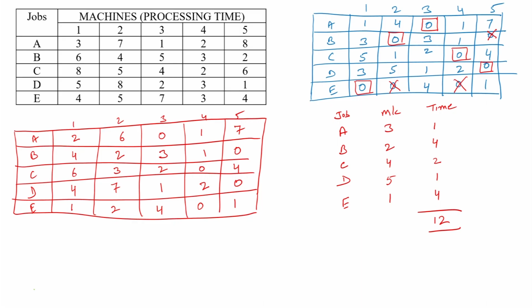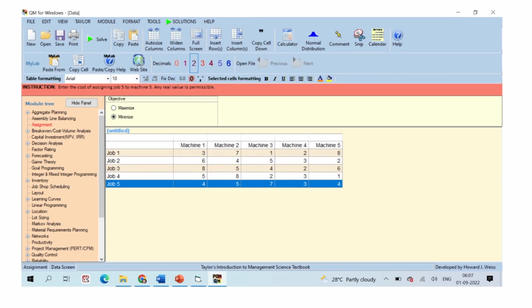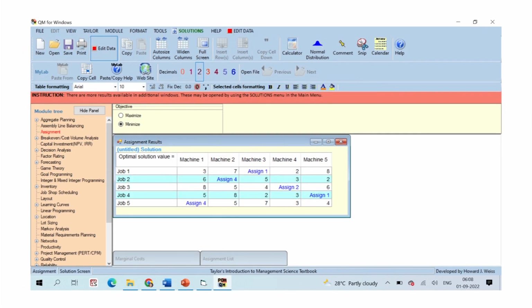So, friends, we can solve it with the help of software also. POM QM is one software which is available; you can download it and feed in this data. It is very easy to use and you can solve it there also. I have done this with the help of Solver, this QM for production and operations management, and we found that our assignment comes out in the same manner.